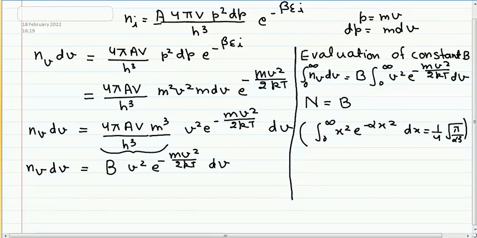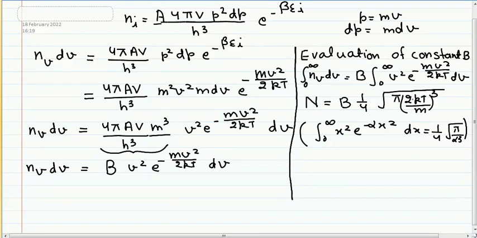So N is equal to b, where N is the total number of the molecules in the system, and then this value is 1 by 4 and under root pi, and then alpha is m upon 2kT. Because alpha is in the denominator, it will become 2kT upon m to the power 3. This is the value. Now we can do some manipulation here.